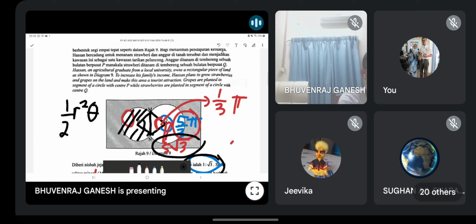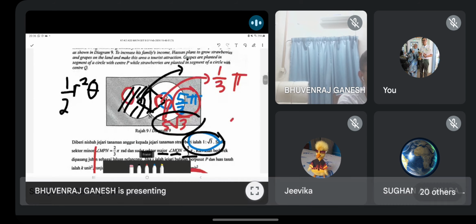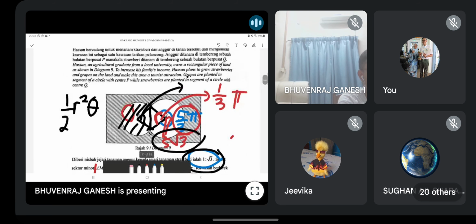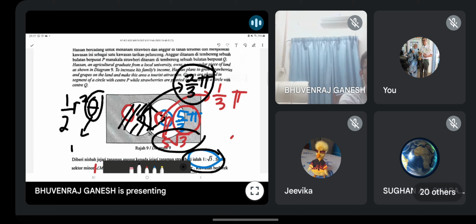So what is the theta, guys? Can you tell me? This one is 2 over 3 pi. So can you tell me the major angle, if the minor is 2/3 pi, what is the major? Yes, 4 over 3 pi. Okay, remember in this formula we use radian mode, so no need to change to degrees, don't change.